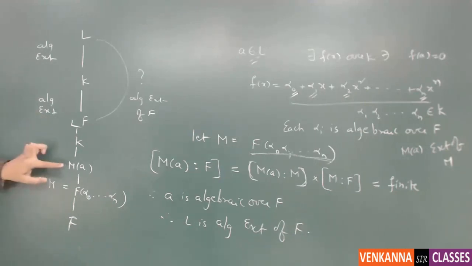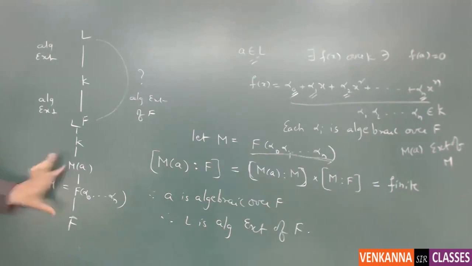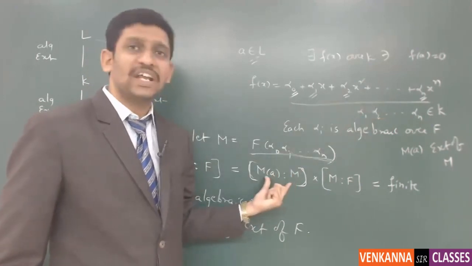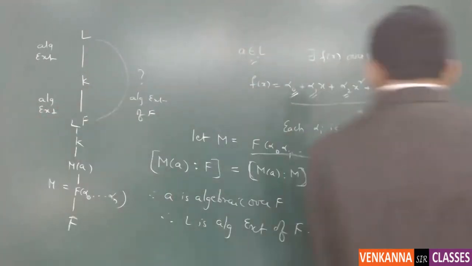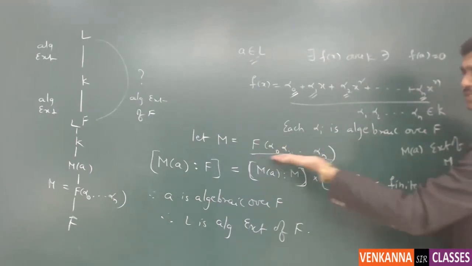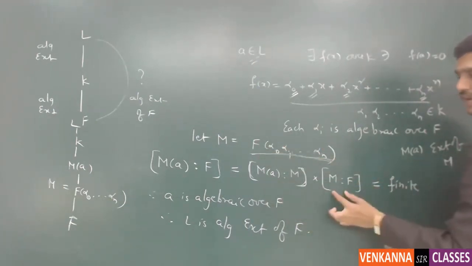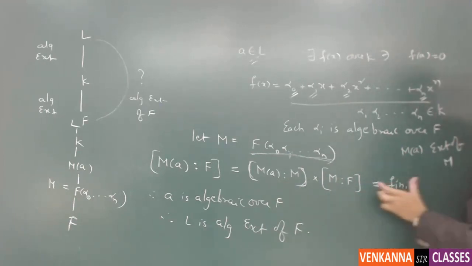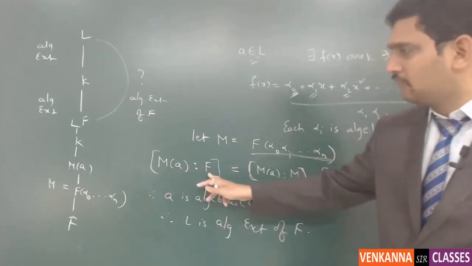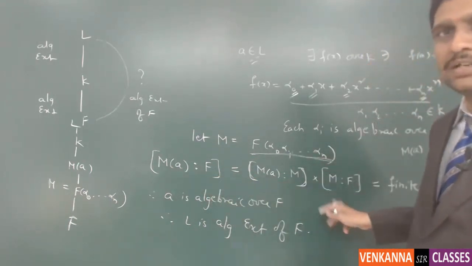So I have calculated the dimension of these two, M of A over M and M over F. M of A over M is a finite extension because the degree of the polynomial here is n. And M over F is also finite because this set contains a finite number of elements. So finite value into finite value, the result is finite. Therefore, M of A over F is a finite extension.